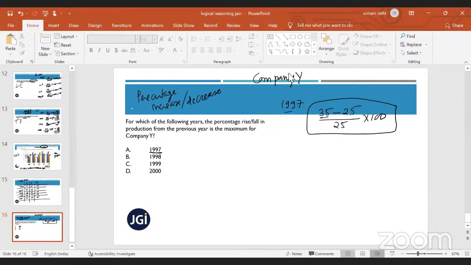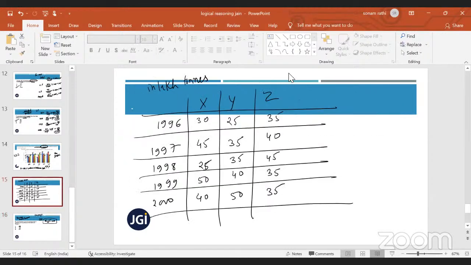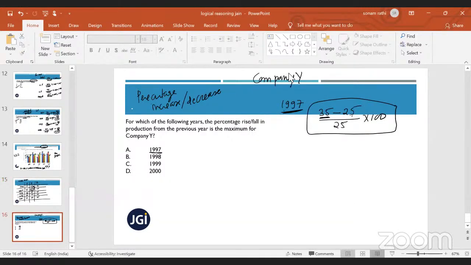For company Y, 1997 is 35. With the previous year, we will compare: 35 minus 25 upon 25 into 100.